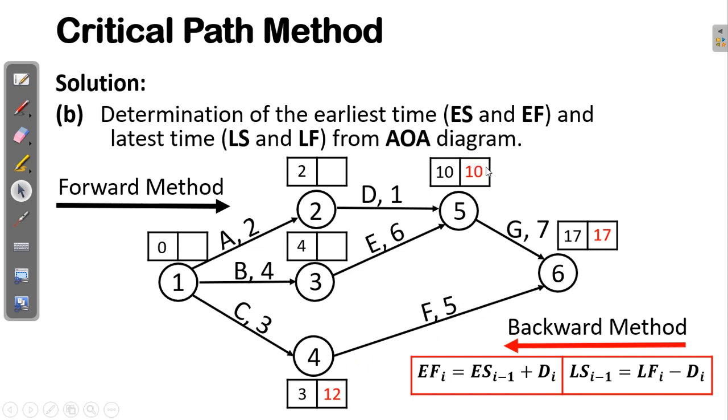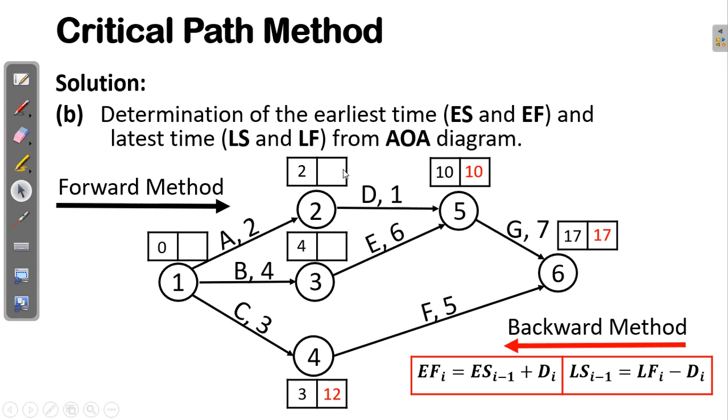But this late start time of activity G is the late finish time of these two activities D and E. So to compute the late start time for activity D, we just take the late finish time of this activity minus duration, which is 1.